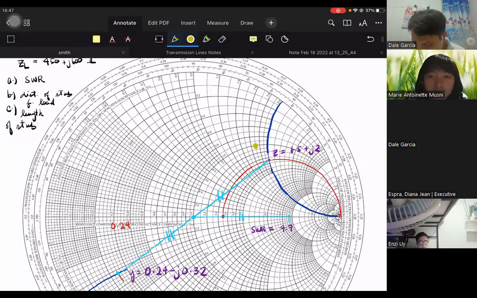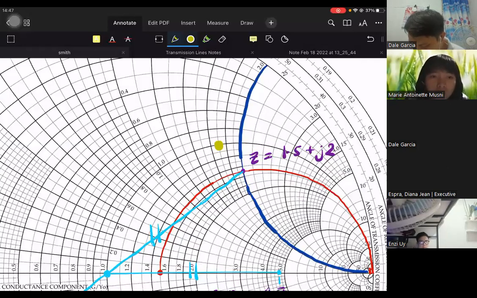The next step is to find where the circle intersects, whether admittance or impedance, on our R equal to 1 circle. They intersect at this point right here.